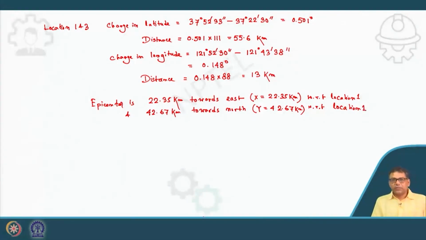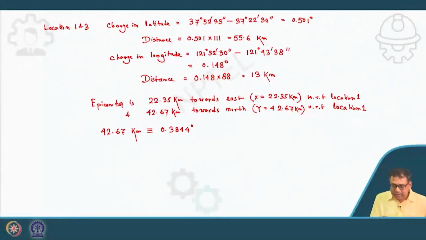So I know these things, now I can convert it. 42.67 kilometer is equivalent to 0.3844 degree. How am I getting that? It is 42.67 towards the north.